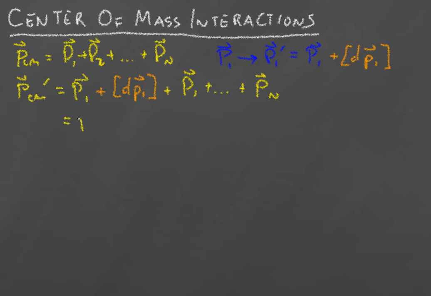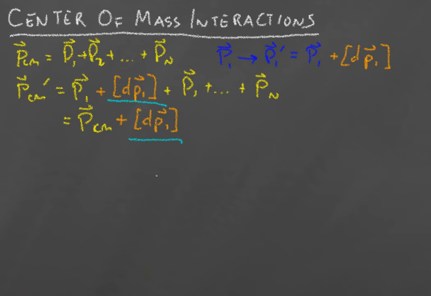Which means the new center of mass momentum is the initial momentum plus the amount that we changed the first particle. So we see that by interacting with just a single particle, it changes the total momentum by the exact same amount.